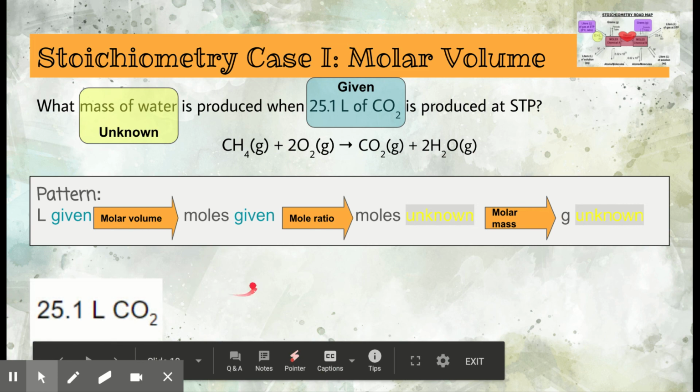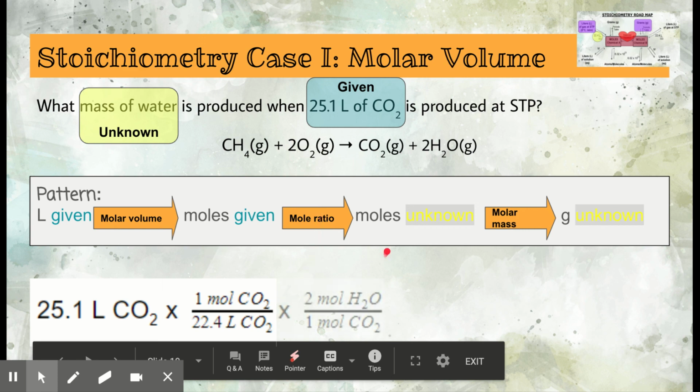So you should have started with 25.1 liters of CO2. Using my molar volume, I can convert this by saying 22.4 liters of CO2 are equal to 1 mole of CO2. And so now I've converted into moles of CO2. Using my mole ratio, I can look at those coefficients in my chemical equation. It's going to be 1 mole of CO2, and I'm also going to have 2 moles of H2O that are produced.